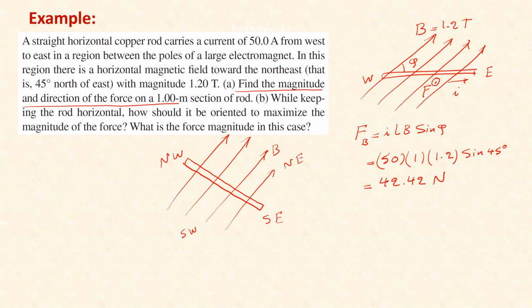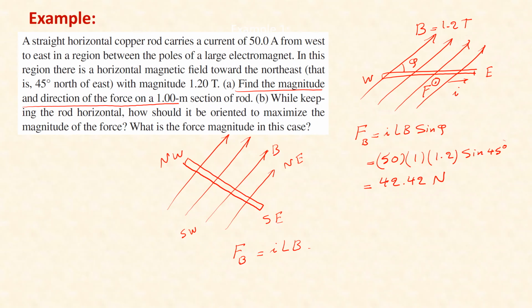And what is the force magnitude in this case? The force magnitude is again ILB times sine of phi, but sine of phi is 1. So instead of this, we have 1. So what would be the magnitude? 60. It becomes ILB only, yes.